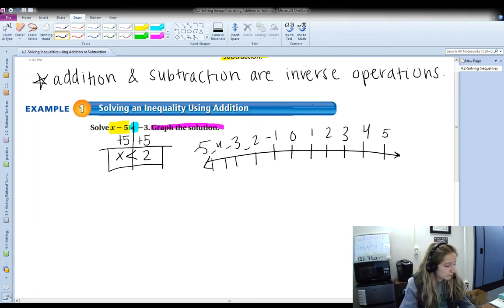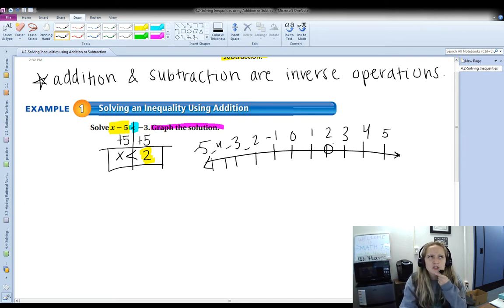Remember that you want to put the point wherever that number is. It says +2, so we're going to plot our point on +2. And now we need to decide, do we need to fill in our circle or leave it open?